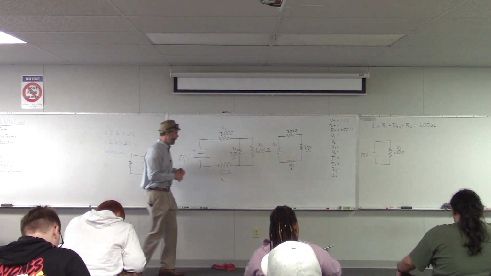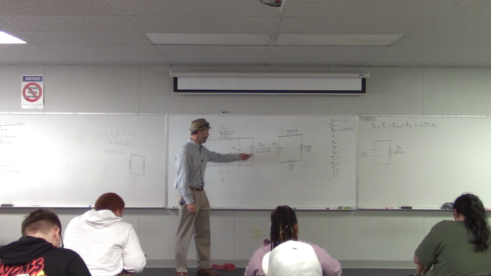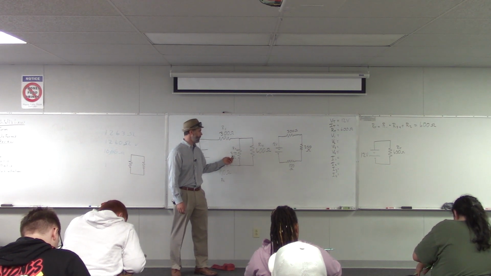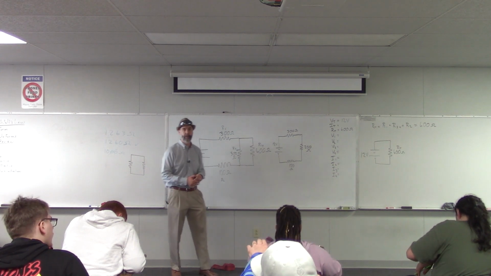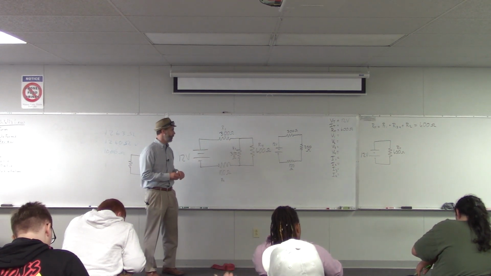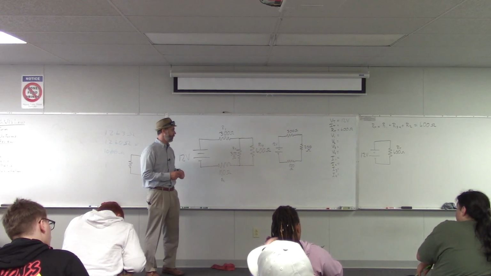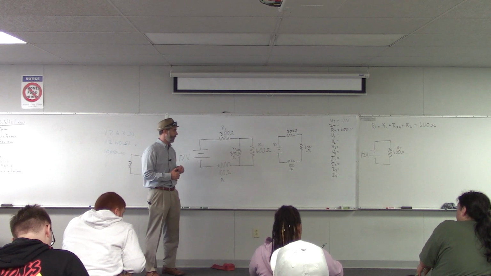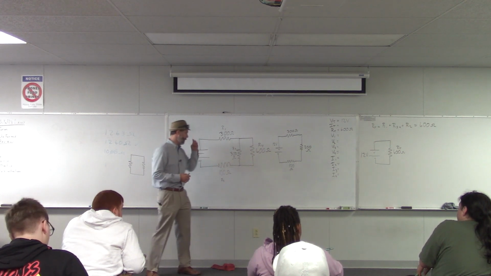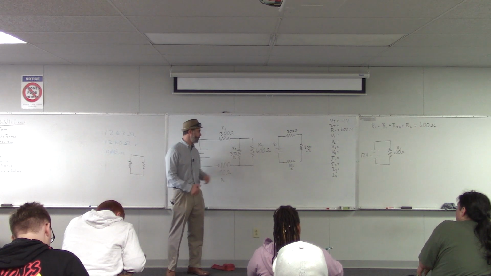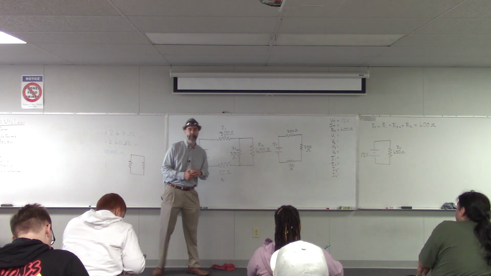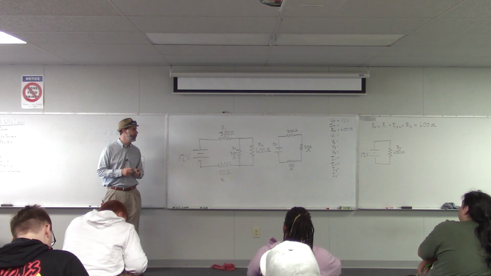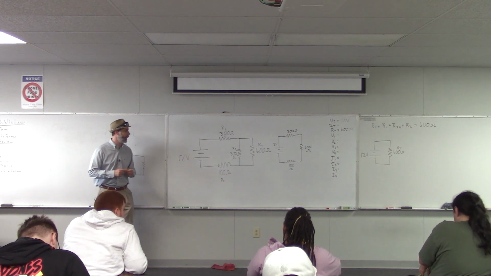But in this case, we don't have the same resistor values. They're different values, so we can't just divide by the number of resistors. So when you have different resistor values in parallel, you need to use that parallel formula. Other questions? All right.